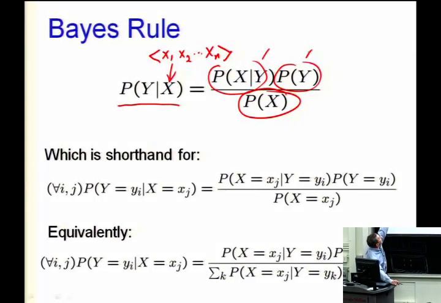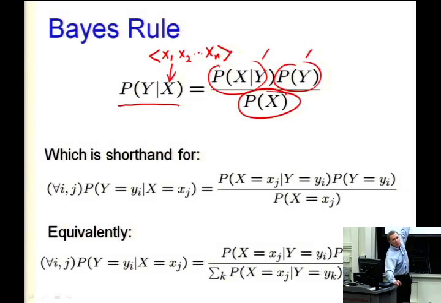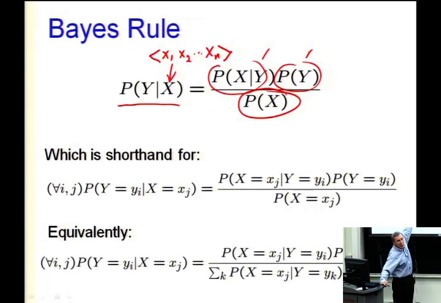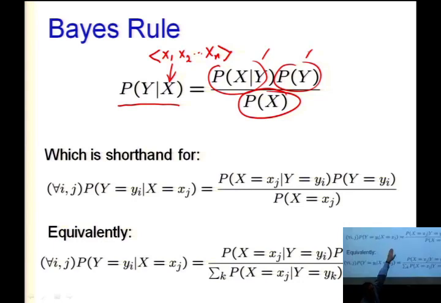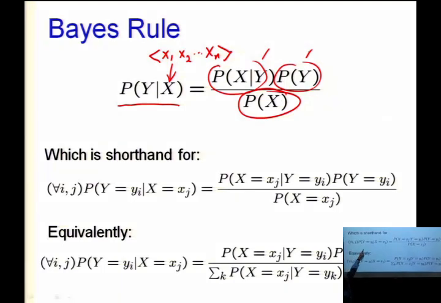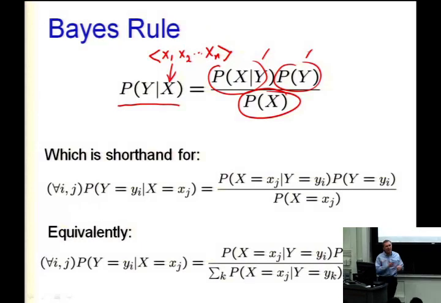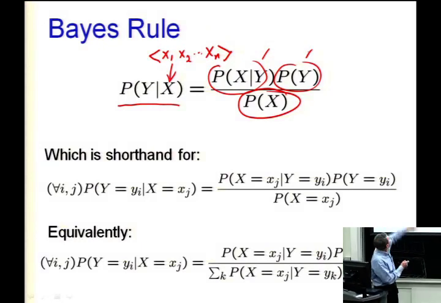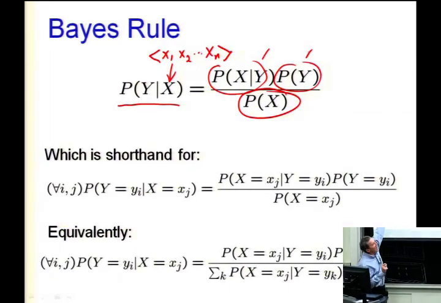So that top expression is shorthand for this one, which says that for every possible value that the random variable uppercase y can take on, and for every possible value that the random variable uppercase x could take on, that particular probability is equal to that. This is more precise, but the shorthand that a lot of people use is just to leave out this. But whenever you start wondering what those things mean, just expand it out to this universally quantified statement, and it's very clear.